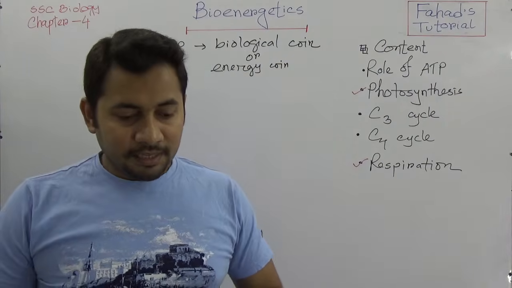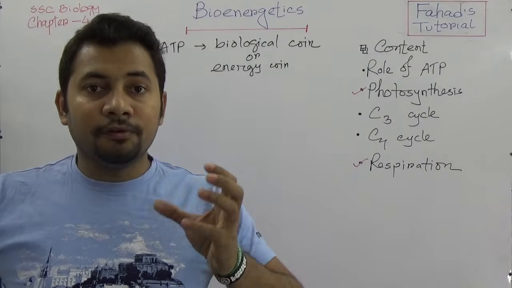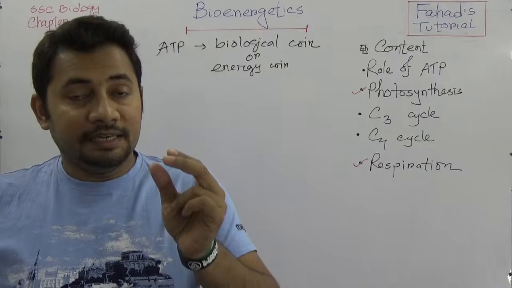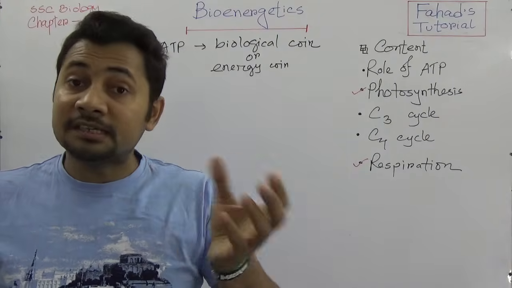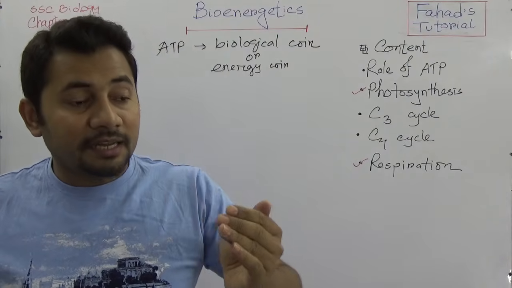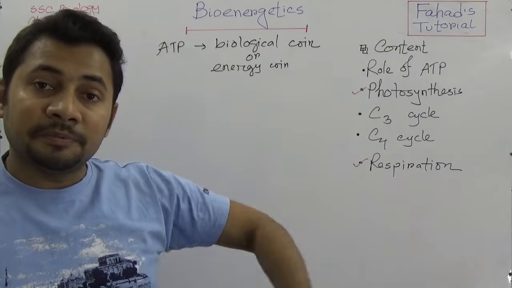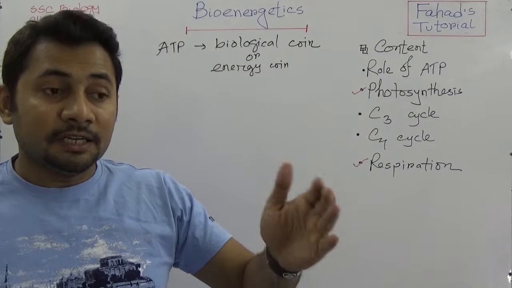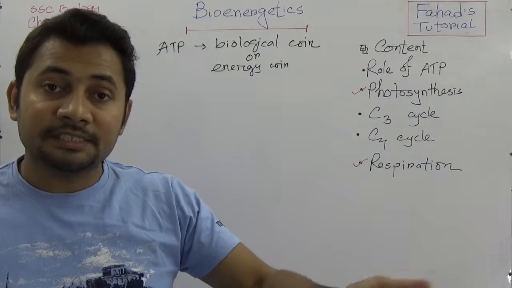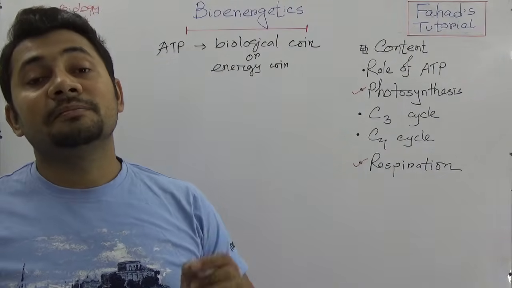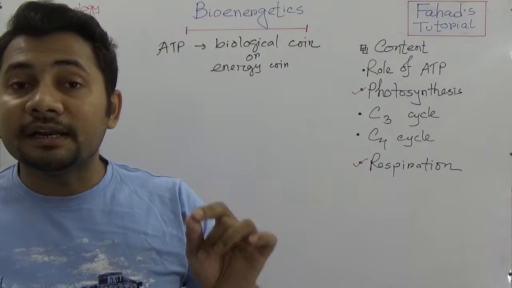Because ATP is the form of stored energy, and when energy is required, ATP can release energy to perform the metabolic processes and biological reactions inside living organisms, and that is why ATP is called the biological coin or energy coin.